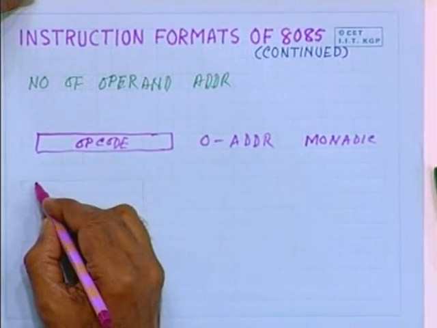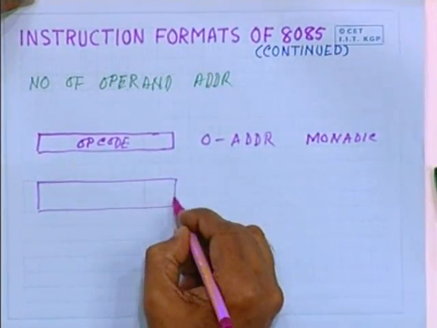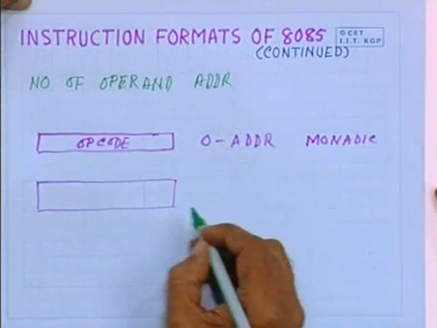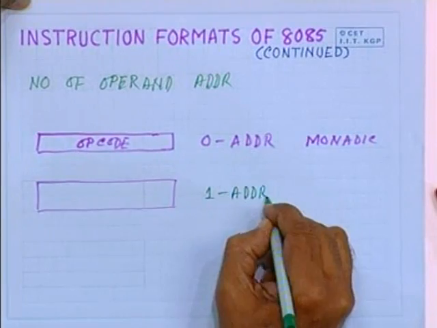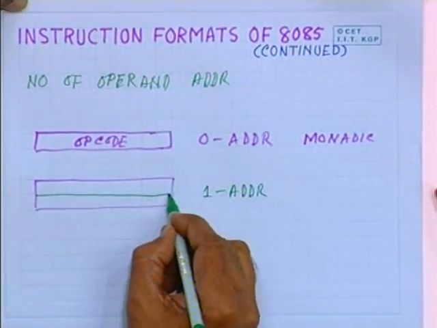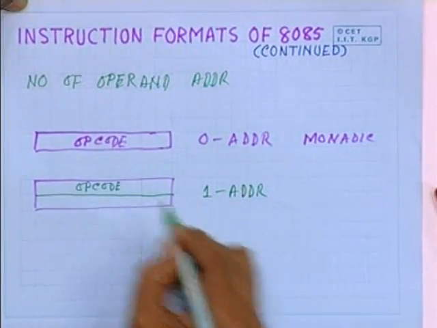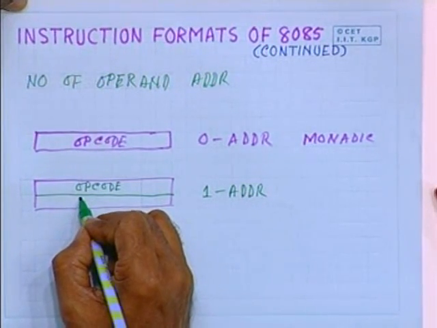However, it may be necessary to specify one address. Whenever you are specifying one address, the first byte is the opcode, and the second byte can be some address, for example an IO address.